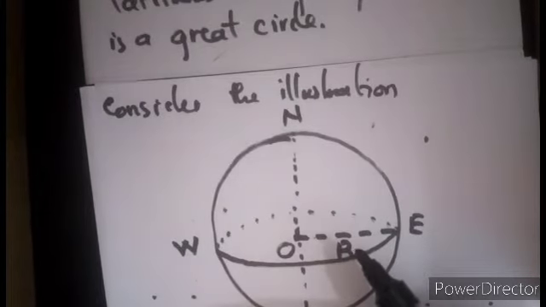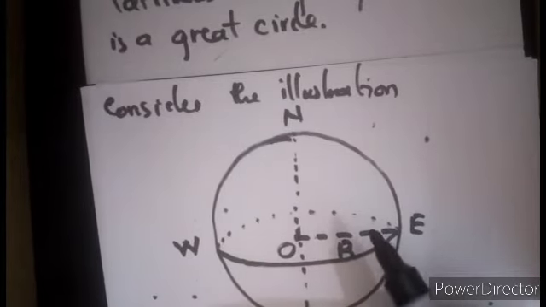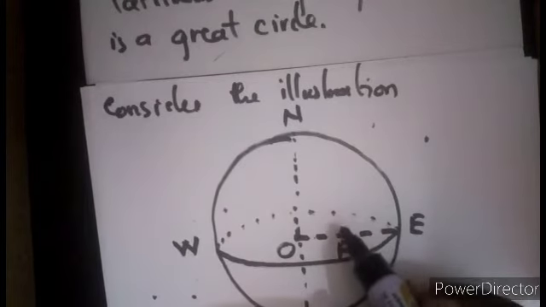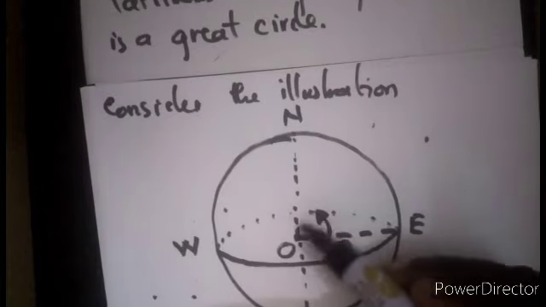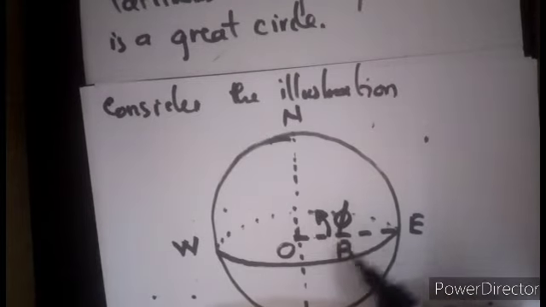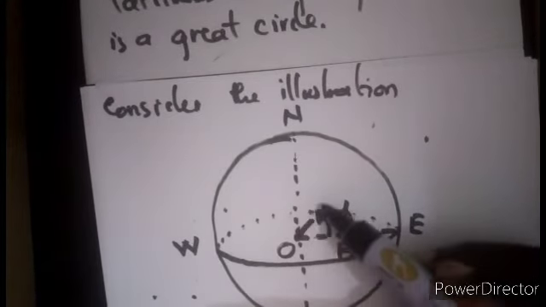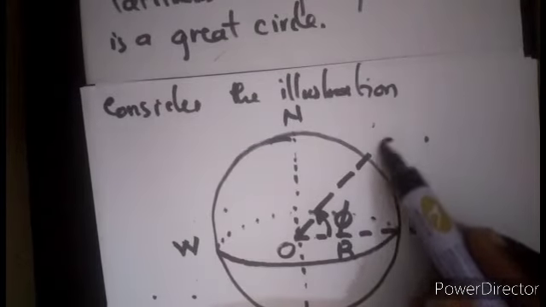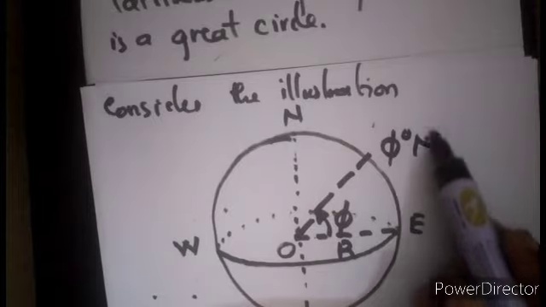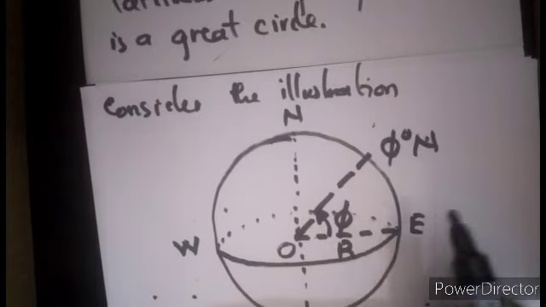Now let's suppose we have a latitude at 5 degrees north, where 5 is a certain number.